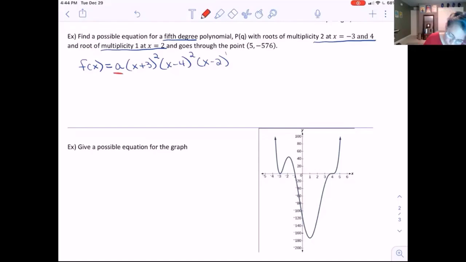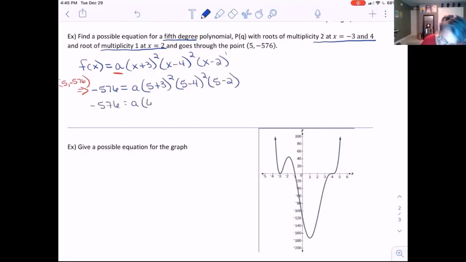So we're going to use our point 5, negative 576. So this time they didn't give us the y-intercept, but we can still use that point. So the y value is negative 576. We don't know the a, and our x's are 5. So 5 plus 3 squared, 5 minus 4 squared, 5 minus 2.